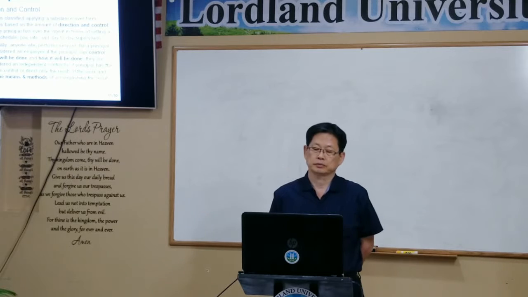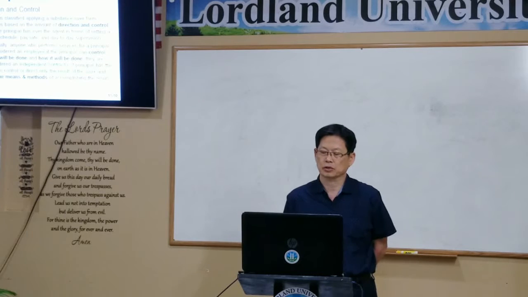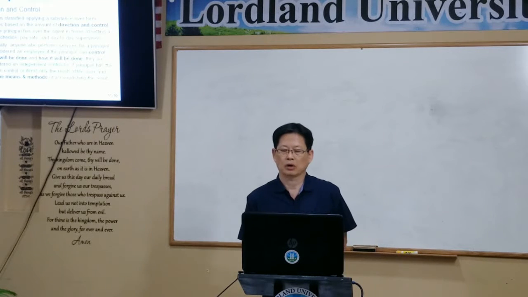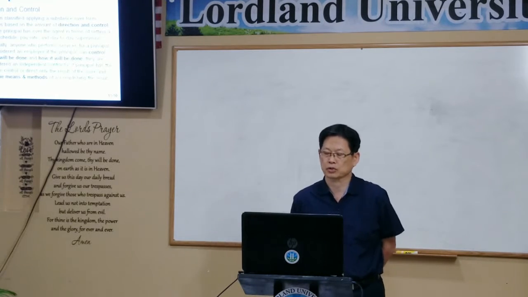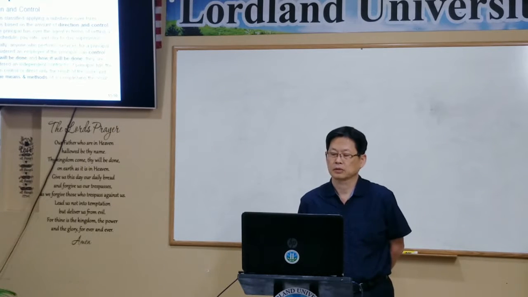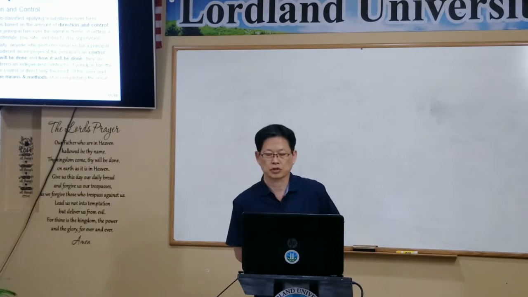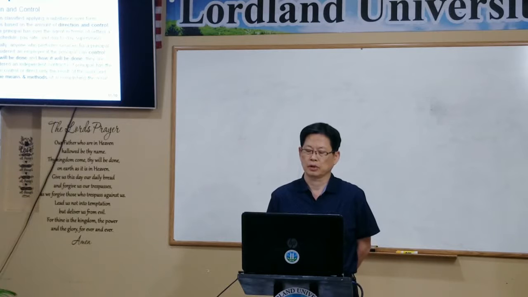The agent is classified applying substance over form analysis based on the amount of direction and control that the principal has over the agent in terms of setting a work schedule, pay rate, day-to-day supervisions.